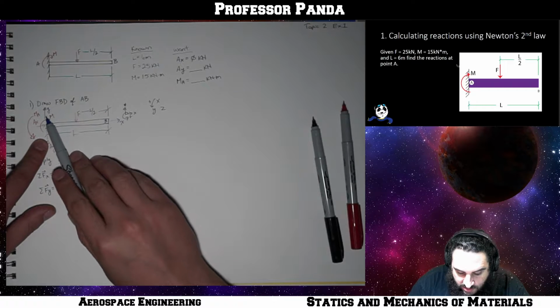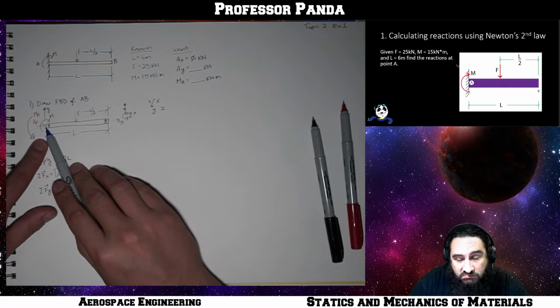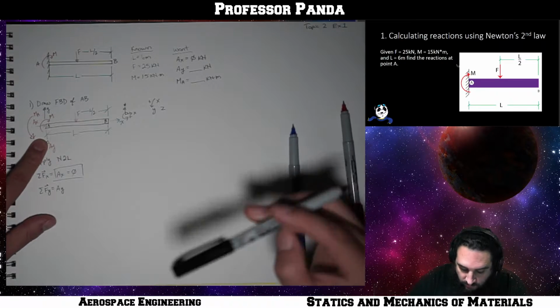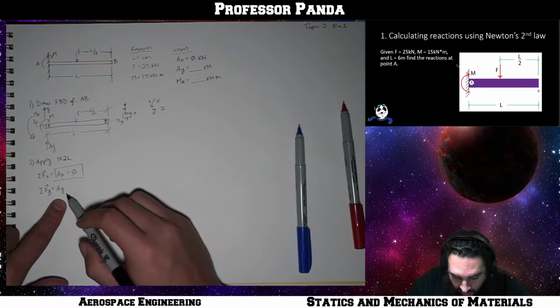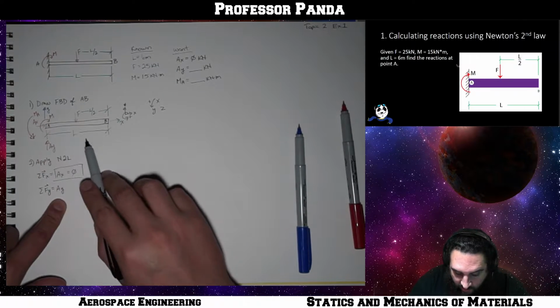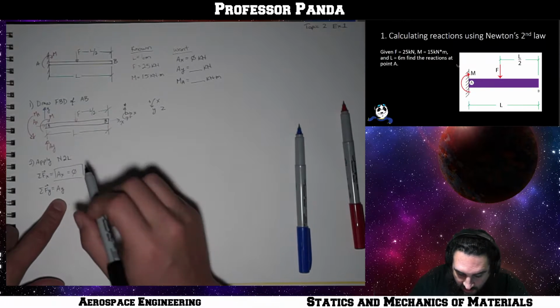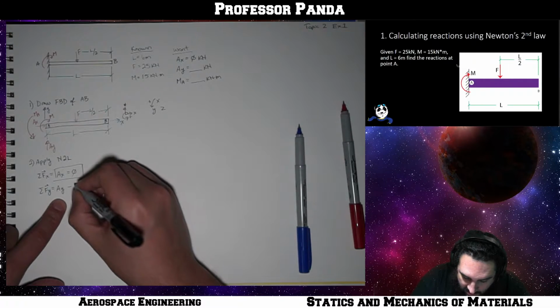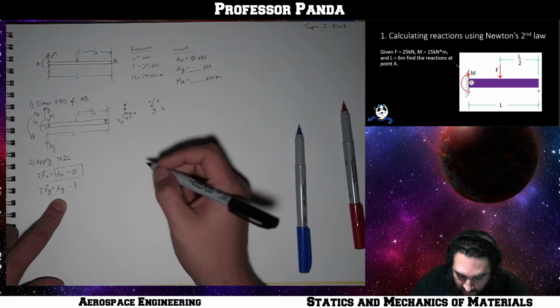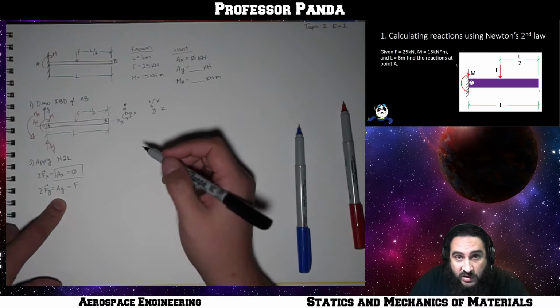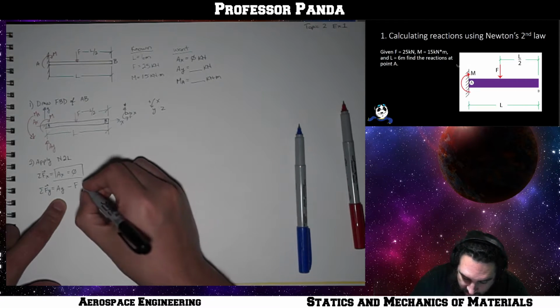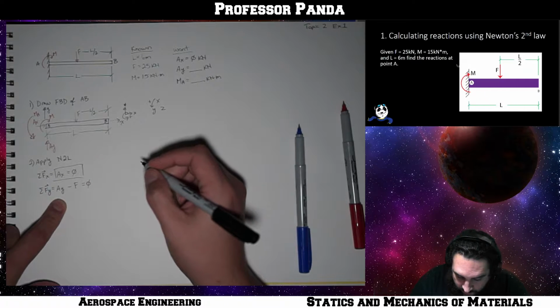So the origin is at point A. Reasonable. So AY is pointing in the positive Y direction, so it remains positive. F is pointing in the negative Y direction, so we're going to bring that in as negative F. Nothing else is vertical in this, so we'll set this equal to 0.